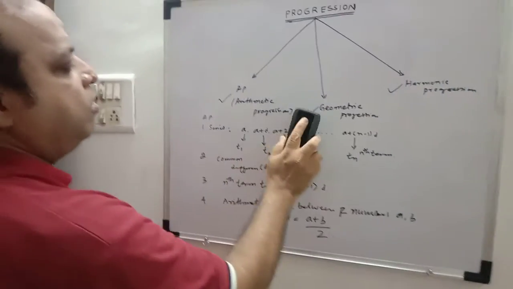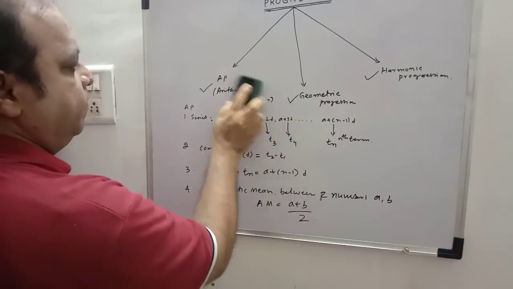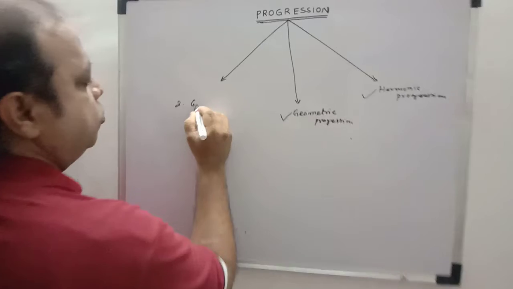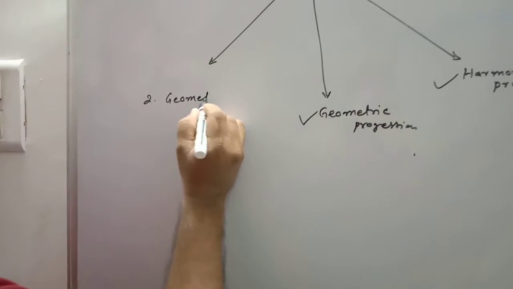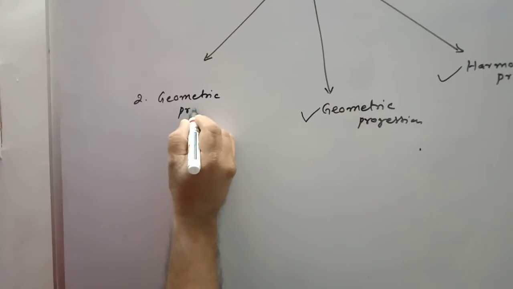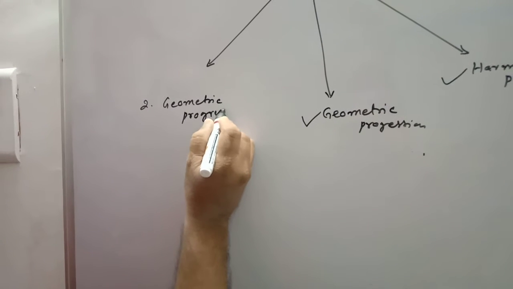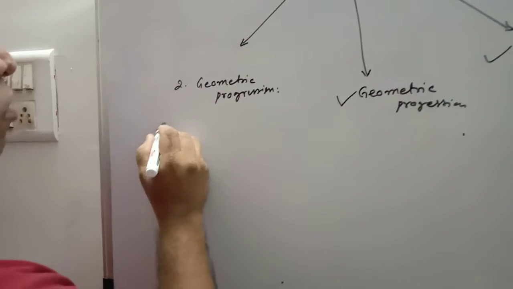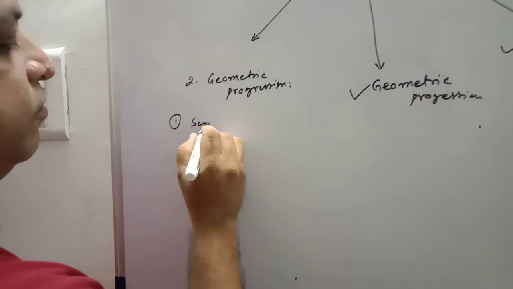Now I am talking about geometric progression. Number one is the series, the geometric series.